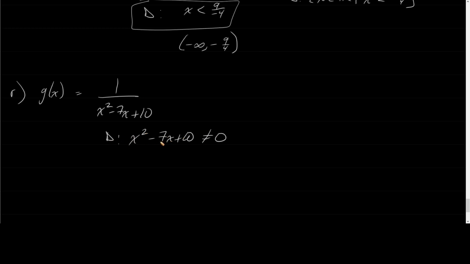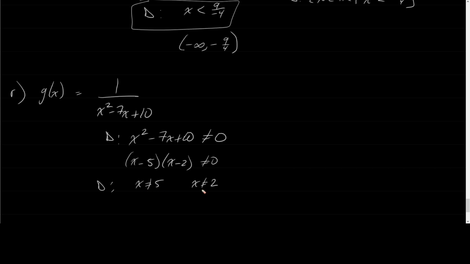We can factor this: it's x minus 5 times x minus 2, because negative 5 times negative 2 is positive 10, and negative 5 plus negative 2 is negative 7. That cannot be equal to 0, so x can't be 5, and x cannot be 2.